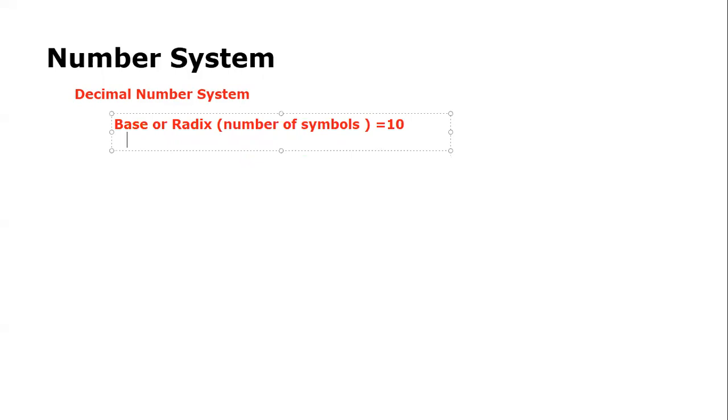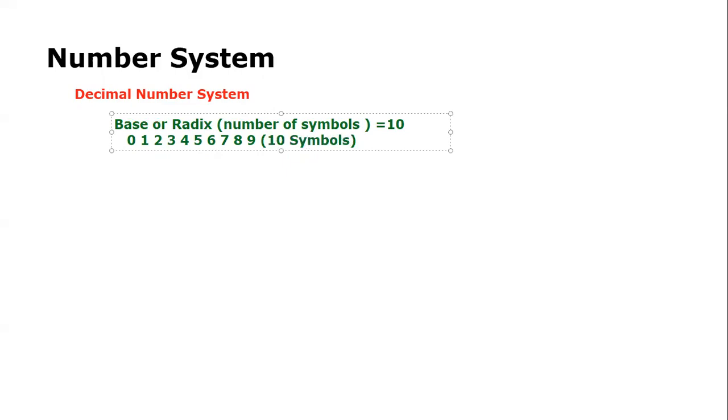Those symbols are 0, 1, 2, 3, 4, 5, 6, 7, 8, 9. If you count them, 1 to 9 are 9 numbers, and if you include 0, that makes 10 symbols.